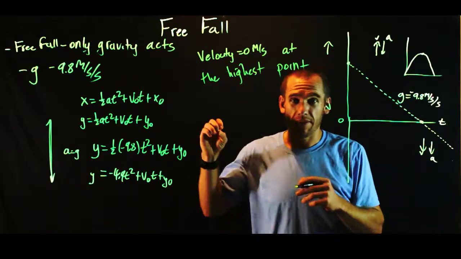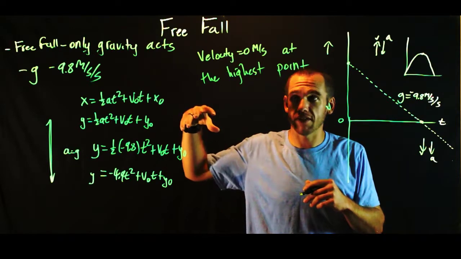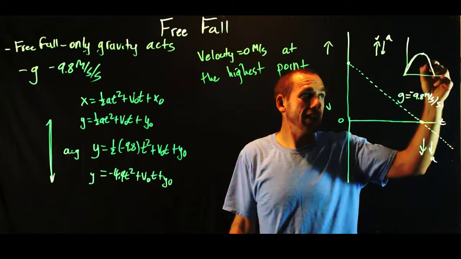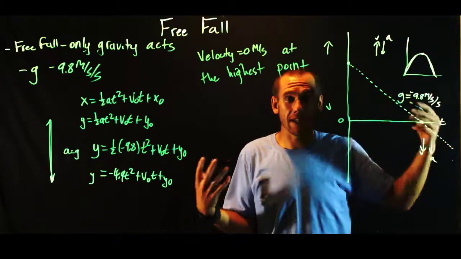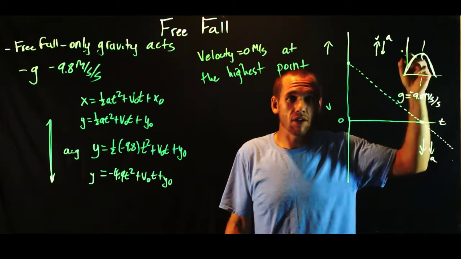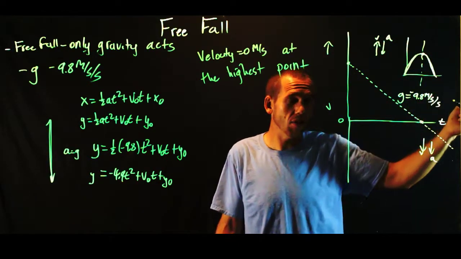Now sometimes that corresponds to the initial spot. If I drop something, then its highest point is when I let go and it's got an initial velocity of 0. Sometimes it's right in the middle. If I throw something up and it comes back down and lands at the same height it started, then symmetry tells us that this has to be in the middle of time. So it took just as much time to go up as it took to come back down.